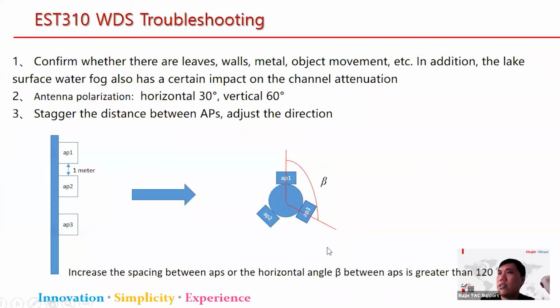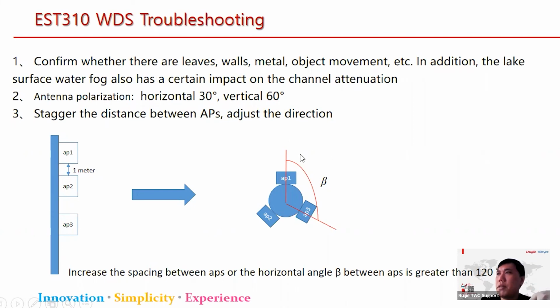Right? Okay. So for some scenarios, maybe for this bridging, I need to point several VCRs to multi-point. So what is the condition? What is the term I want to comply with? For your understanding, for our EST310, the horizontal polarization is 30 degrees, and the vertical will be 60 degrees as well.